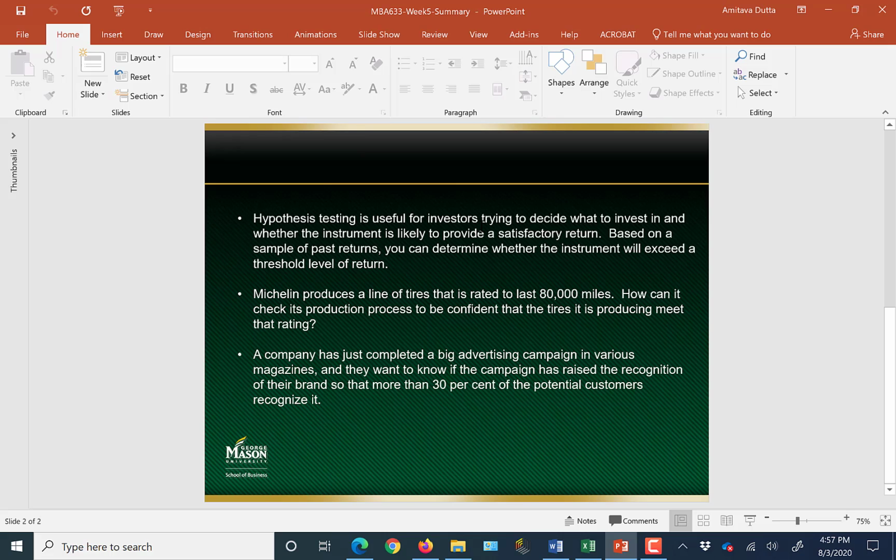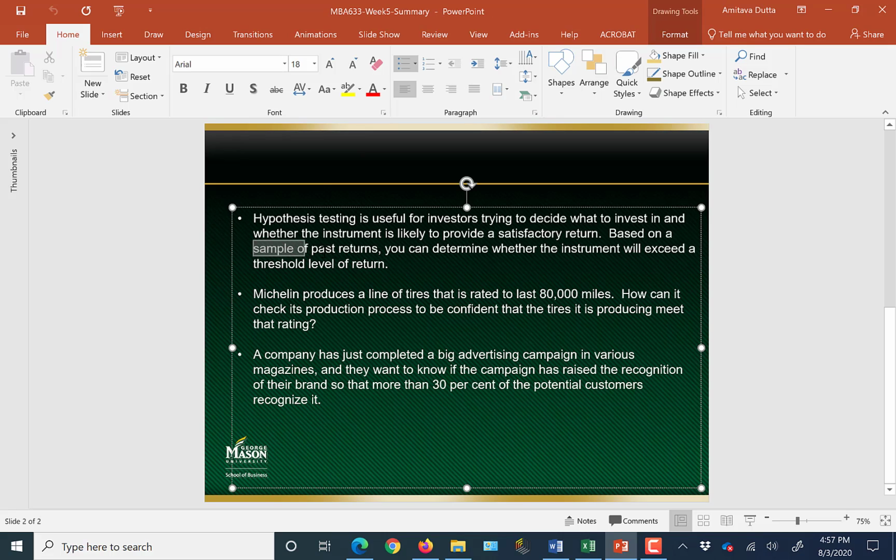But you take a sample of past returns, a subset of past performance, and from it you try to check up on the claim. Let's say the person trying to sell you the instrument claims that this instrument performs better than such and such threshold, and you want to check that. So you're checking up on a claim.